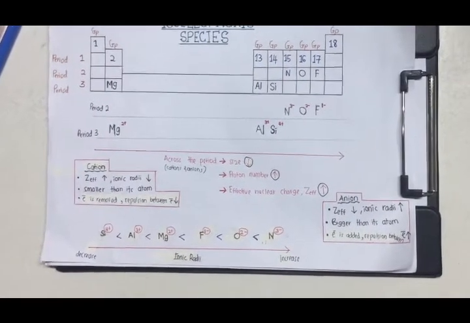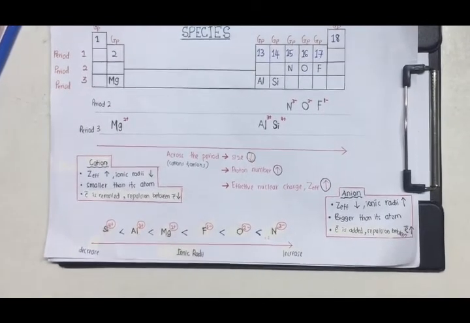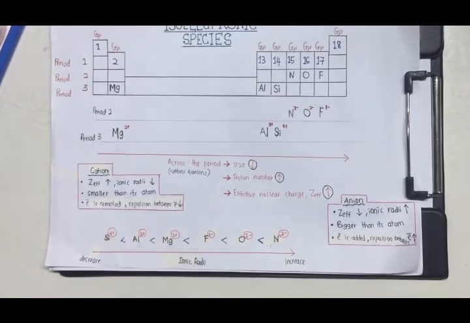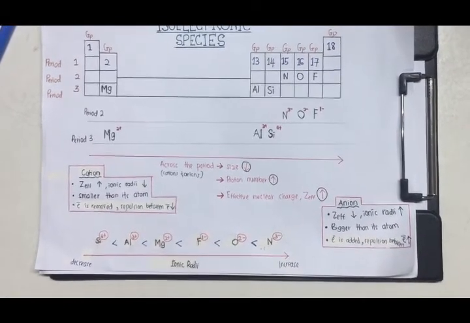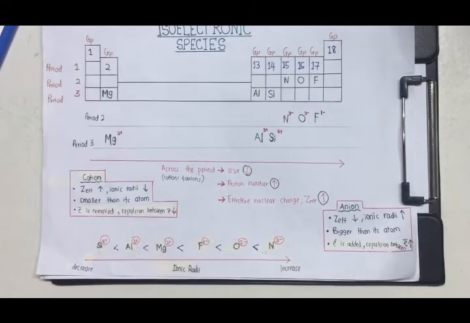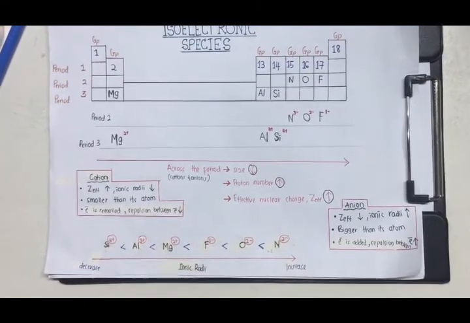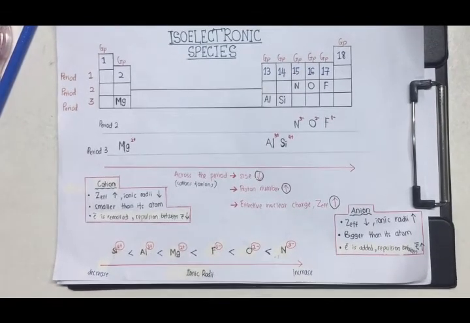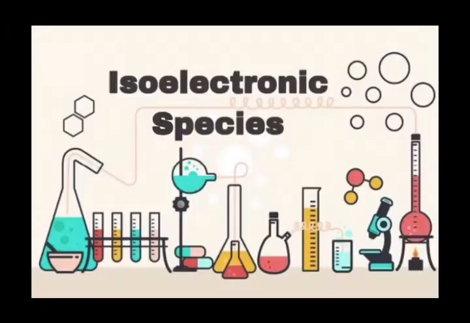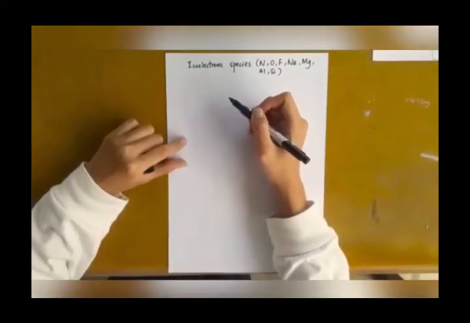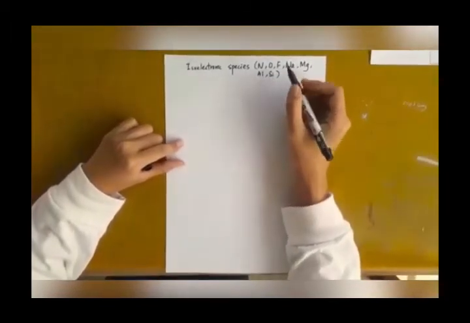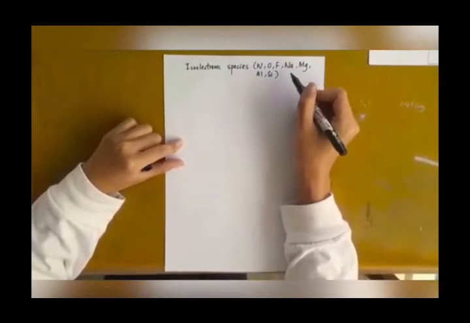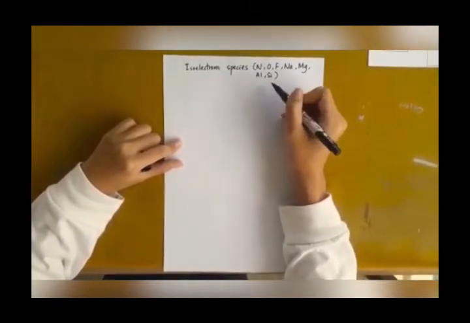Assalamualaikum dan selamat sejahtera. Hari ini saya akan menerangkan tentang isoelectronic species. So, apa itu isoelectronic species? Isoelectronic species ni bila elektron dibuang atau elektron diterima, ia akan menghasilkan electronic configuration yang sama. So, hi everyone, today I'm going to discuss about the topic which is isoelectronic species of nitrogen, oxygen, fluorine, sodium, magnesium, aluminium and silicon.